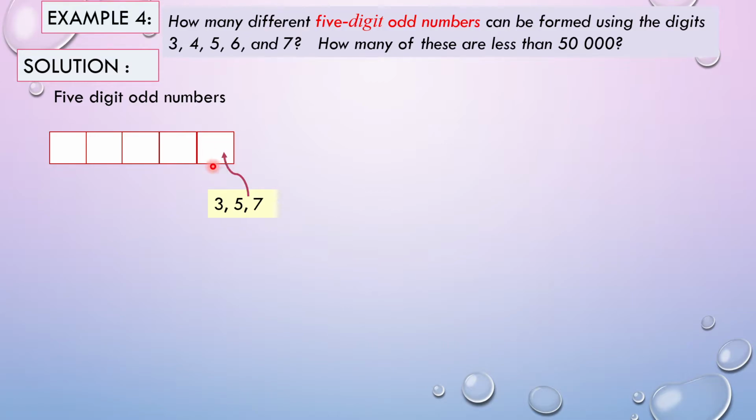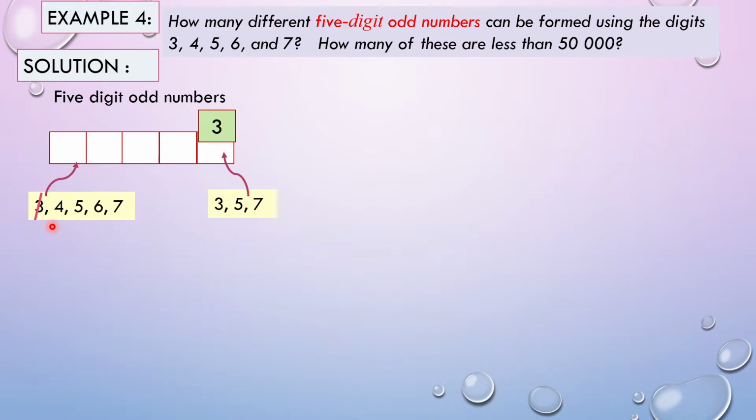For the last box we can put in 3, 5 and 7. From the given digits 3, 4, 5, 6 and 7, in order to form an odd number we can only use 3, 5 and 7. Therefore we have 3 options. After that we don't have any more conditions to fulfill, so we move on to the first box.